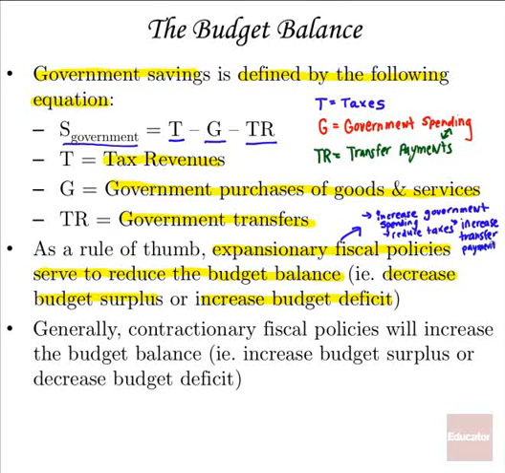So if you do that, and let's say you had a budget surplus, well, if you use expansionary measures, then the surplus you have is going to reduce, or if you're already in a budget deficit, the budget deficit is going to increase. Again, around 2009, 2010, the U.S. budget deficit exceeded $1 trillion.